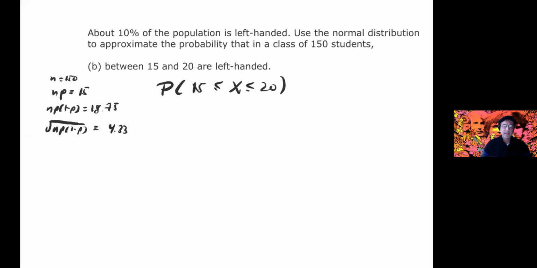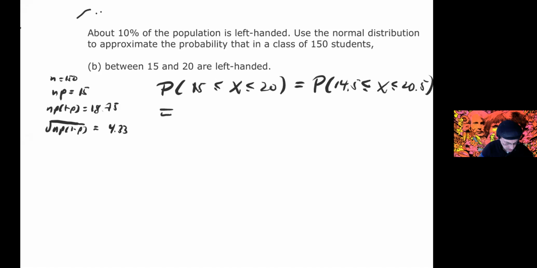So we're interested in x being between 15 and 20, and we have to use the continuity correction so that 14.5 is less than or equal to x is less than or equal to 20.5. Okay, and so what do you get? Well, we normalize.